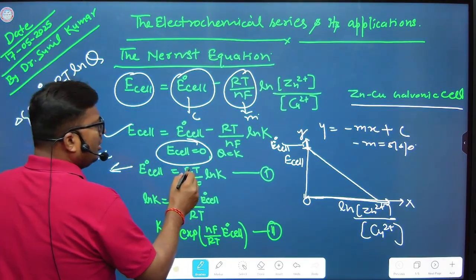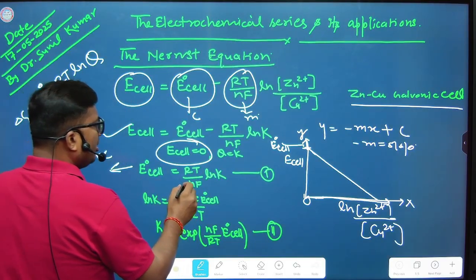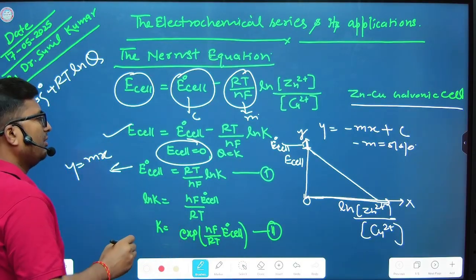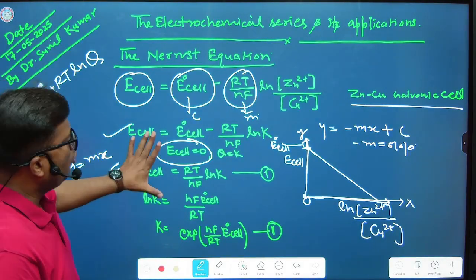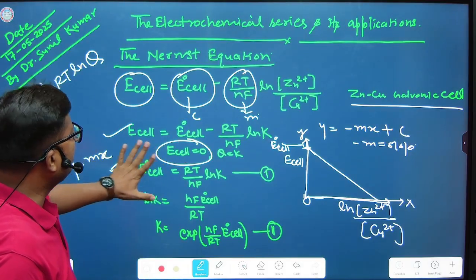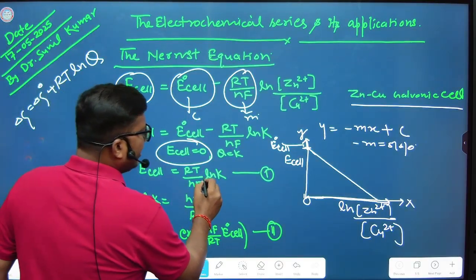T is fixed at 298 Kelvin, n is the number of electrons, a fixed quantity, and F is the Faraday constant, 96,500 coulombs per mole. Overall, these four parameters are constant, so they can be treated as the slope m, and the variable parameter is ln K.